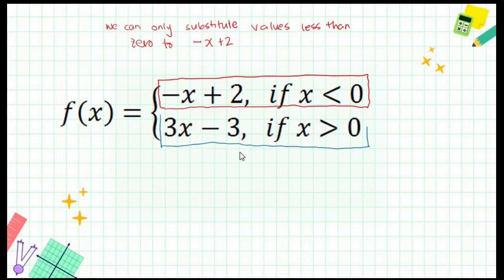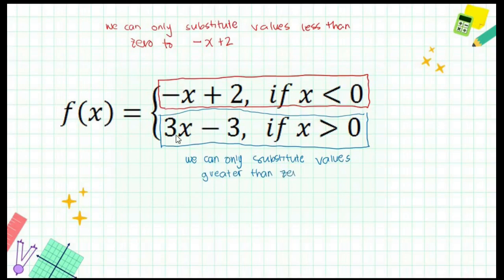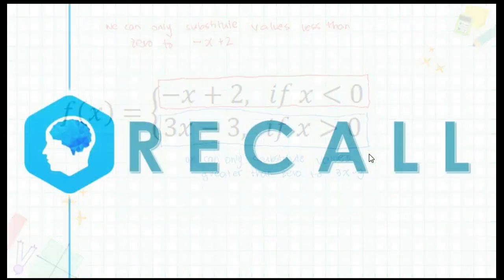Meanwhile, for the second function, the domain is x greater than 0, meaning we can only substitute the values of x that are greater than 0 to the given function 3x minus 3. Some examples of those numbers are the positive numbers 1, 2, 3, and so on.